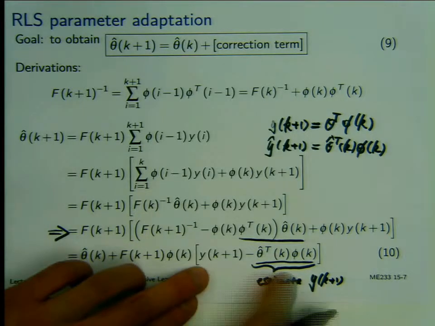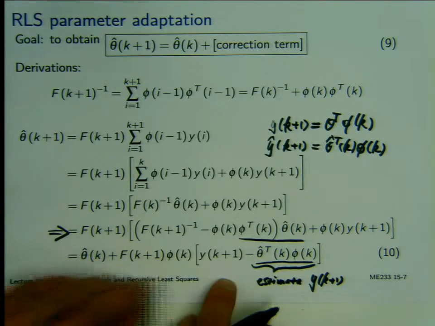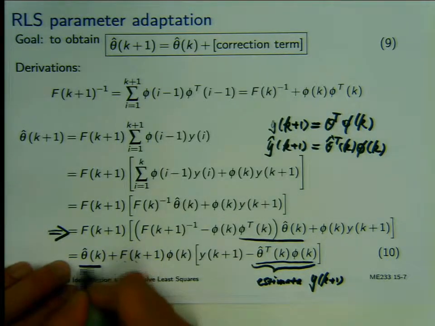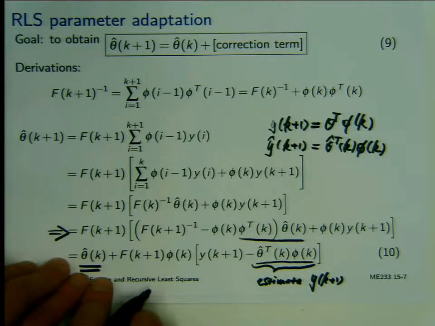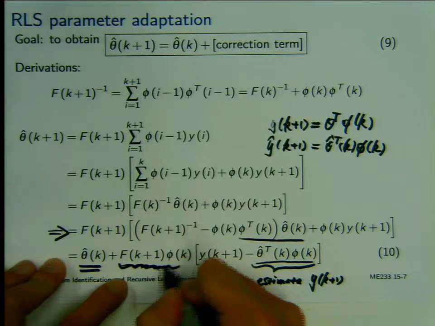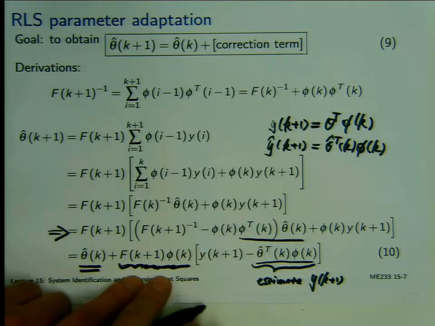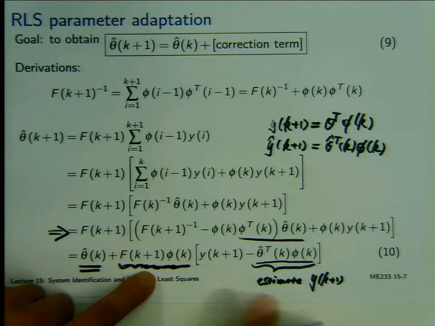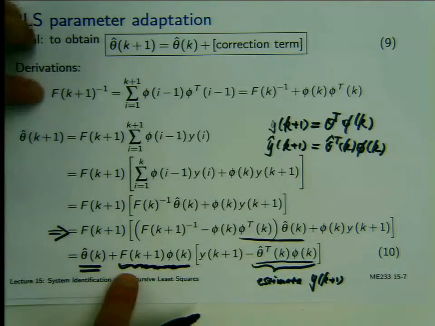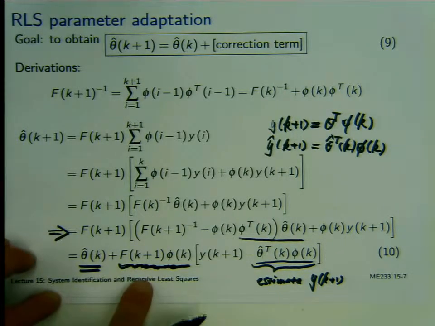Based on the errors of this estimation, we are making improvements to the previously obtained result, theta hat k. The central idea of least squares is that it provides us an optimal gain, if you will, for this estimation error. And this gain is obtained from here. That's the least square solution, the recursive least square solution. Okay?